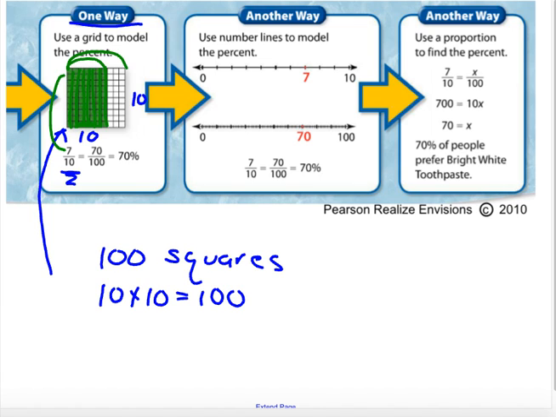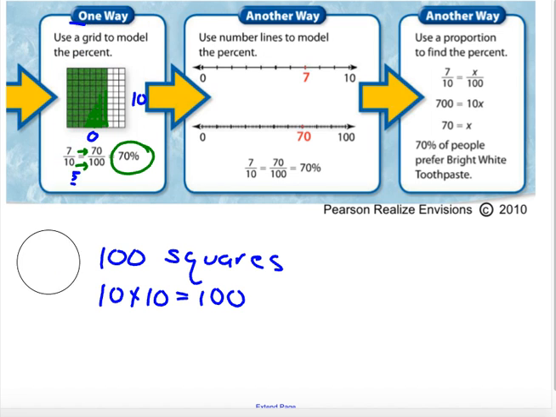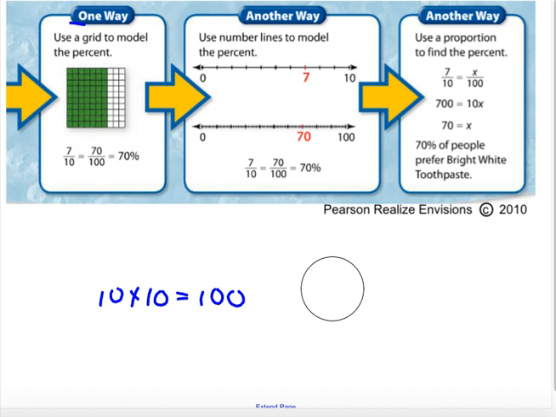Which would be 70 total little squares. So you're going from 7 to 70 and from 10 to 100, which means that you would have 70% of it shaded in, okay? So that's a classic example there to use the grid system.